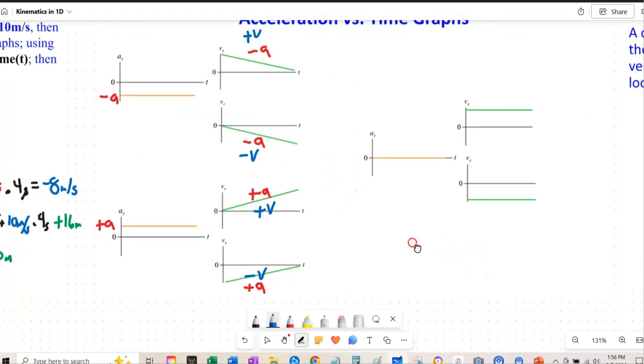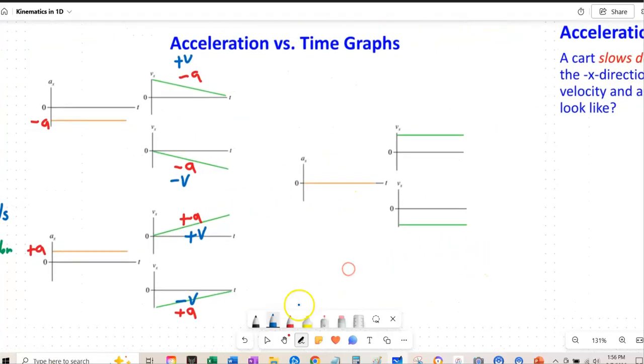Over here, you have an acceleration that is equal to 0. There is no slope. So you know that this acceleration is equal to 0. And this is an acceleration that is equal to 0. You know that this object, whatever is causing this, is moving to the right.